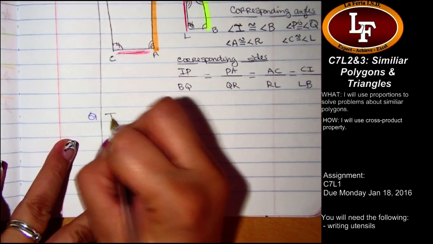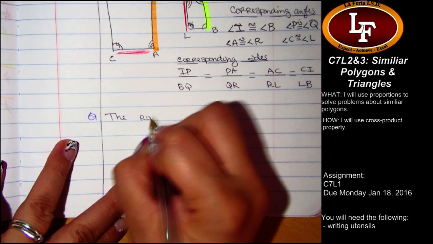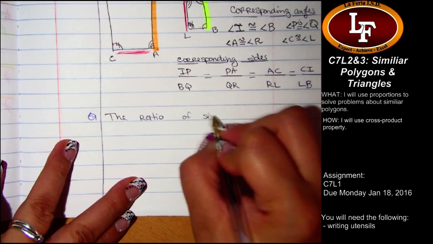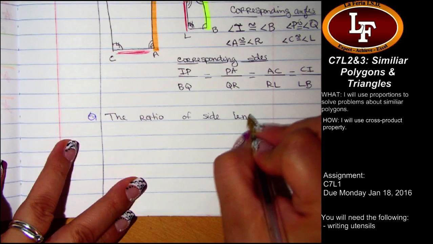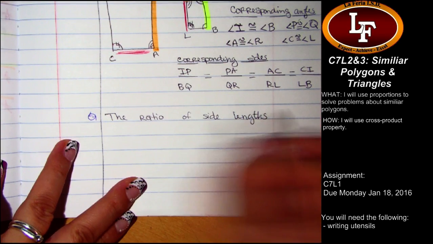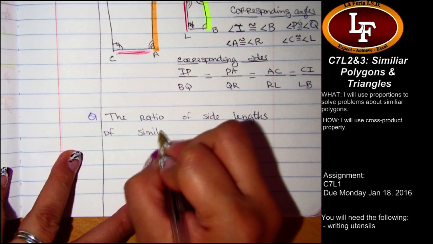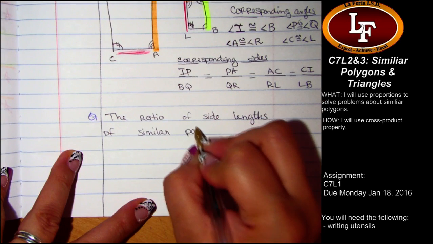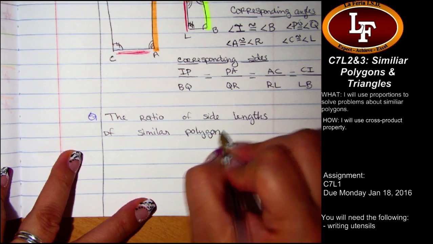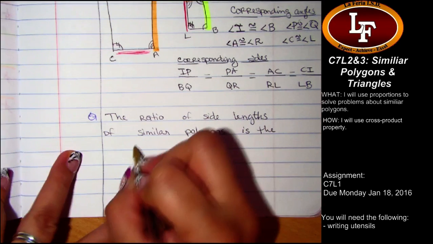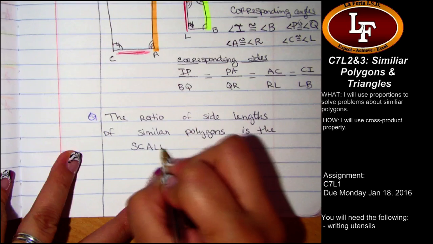The last thought for this page says this: the ratio of side lengths of similar polygons has a special name, and that special name is the scale factor.